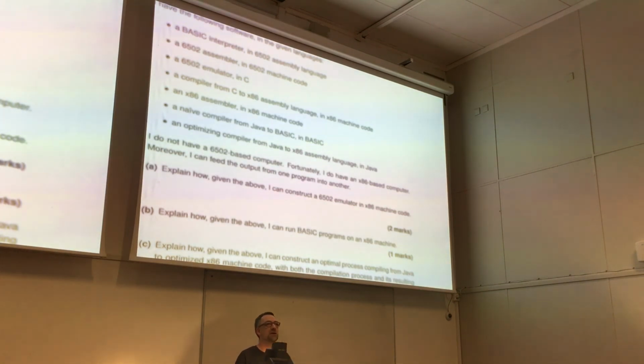It's important to understand that because compilers are programs just like anything else, you can feed them into other compilers, and indeed, you can feed them into themselves. And this is not weird, this is completely standard practice.